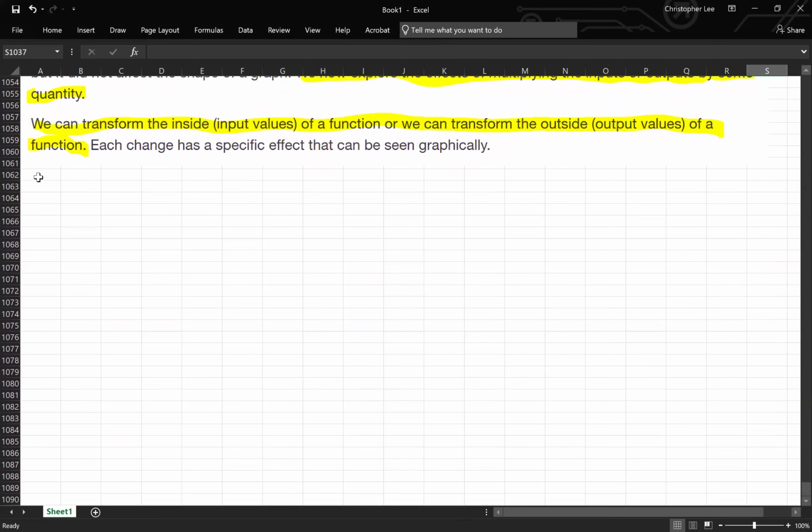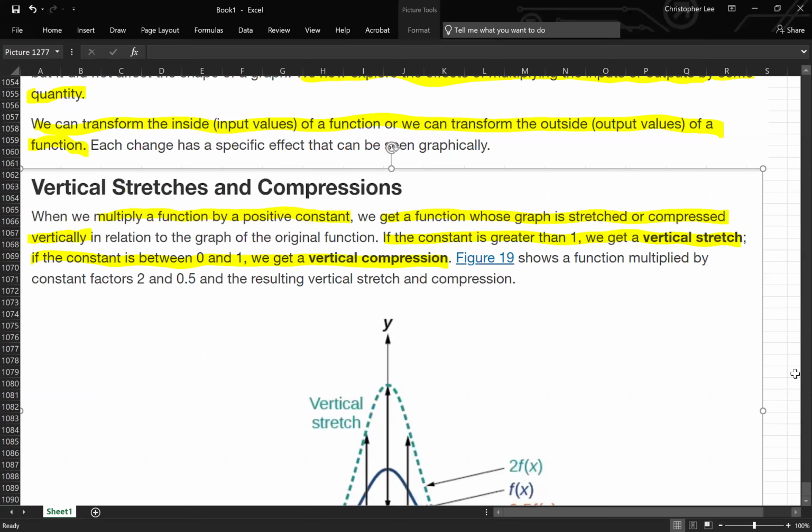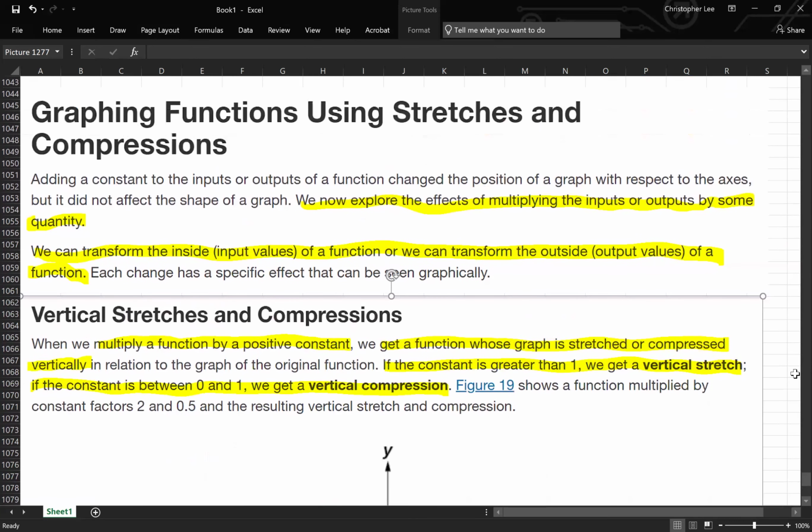So here we go. We're talking about vertical stretches and compressions. When we multiply a function by a positive constant, we get a function whose graph is stretched or compressed vertically in relation to the graph of the original function.